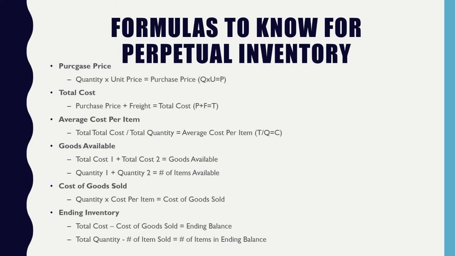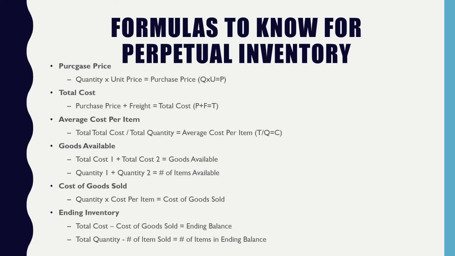So we're going to be focusing primarily on constantly recalculating the average cost per item, because every time we purchase inventory, we have a different total cost. Every time we subtract inventory, we have a different total cost and a different total quantity.